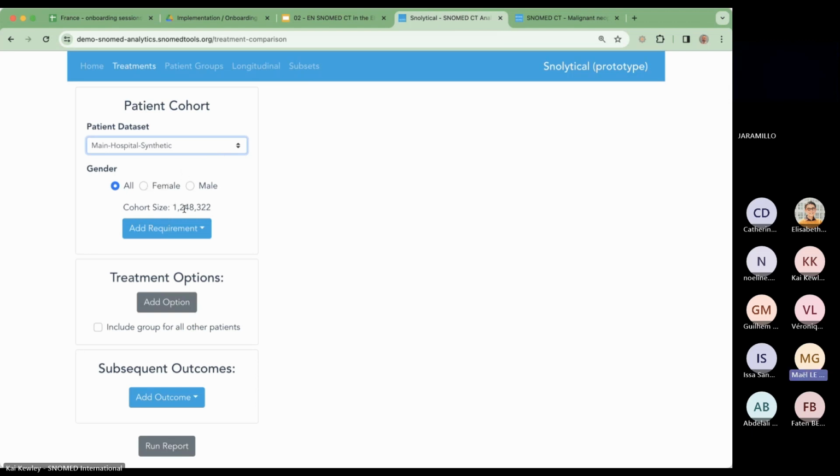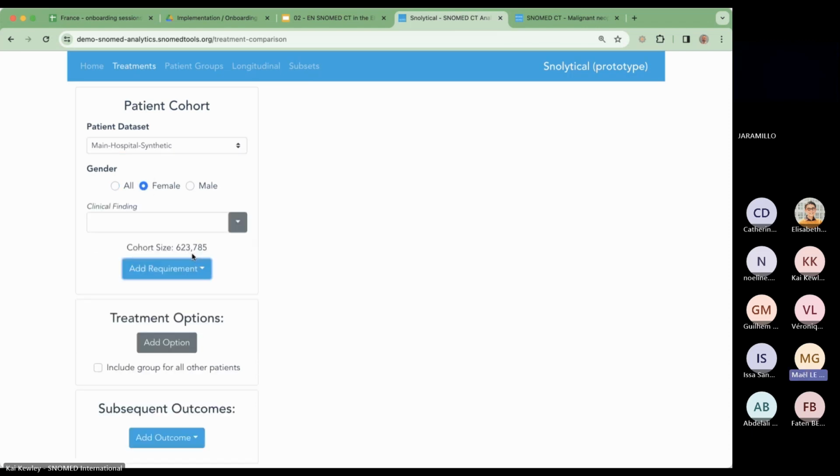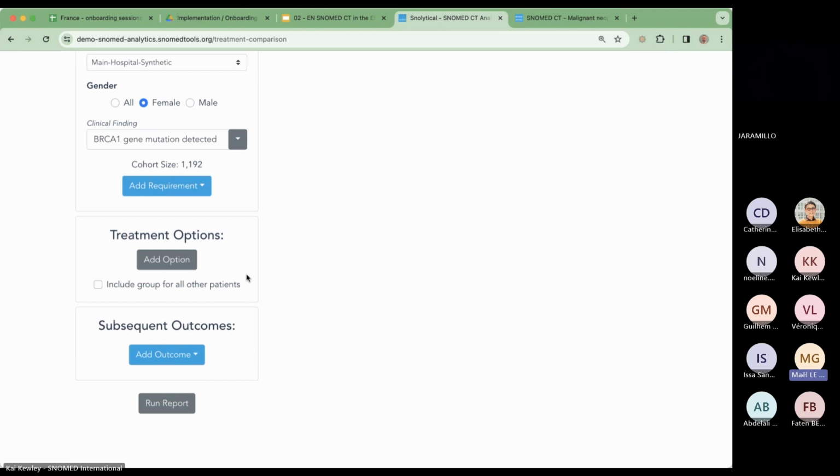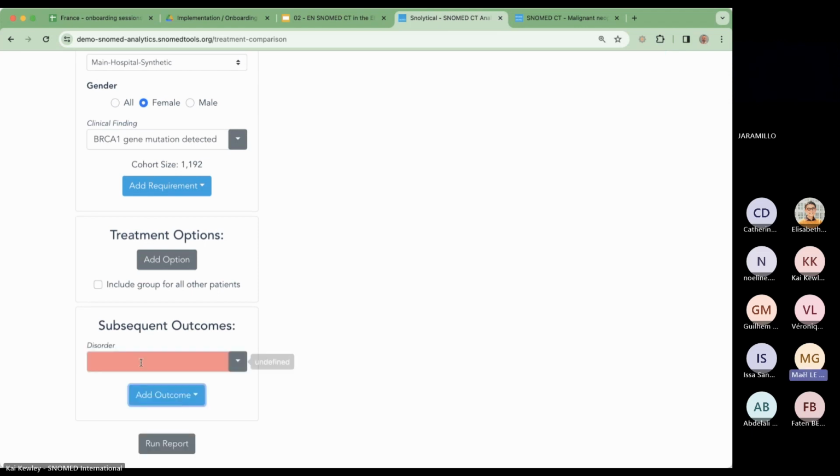And from our 1 million patients, we're interested specifically in females who have had the test, the BRCA1 gene test, and they've tested positive. And it's around 1,000 patients in this cohort. The outcomes that we're interested in, there's only one.